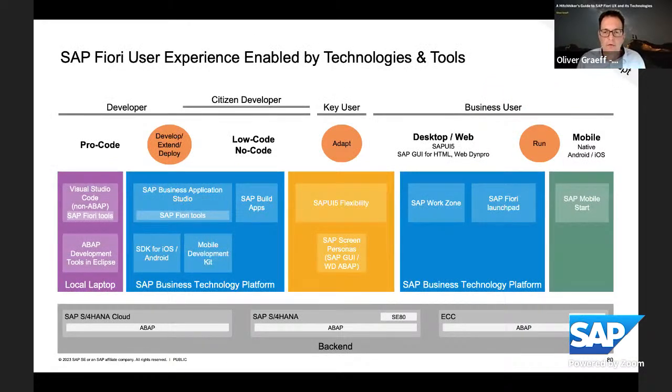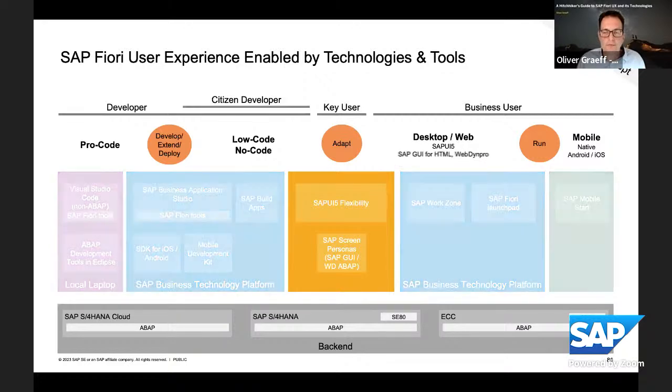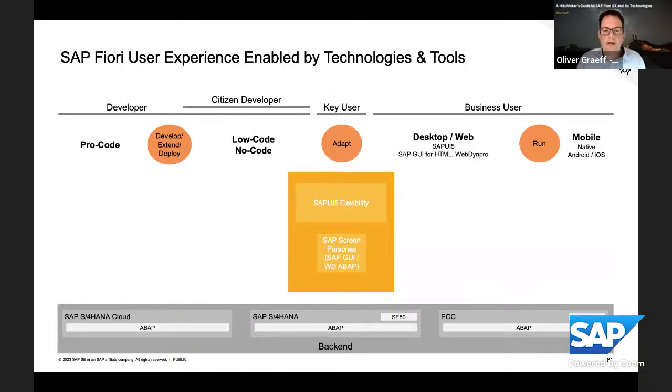Okay, back to our overview. Now it's about adaptation. The scenario is you're not developing your own app, but first you want to check whether you can use a standard SAP app and, if necessary, make some changes, some extensions or adaptations to it.